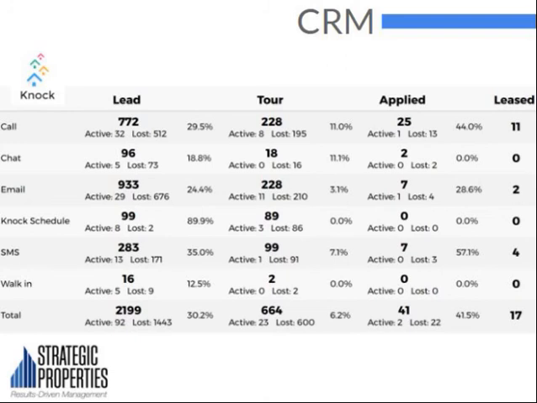Then in the analytics report, we can see which source is the strongest, so we can redirect our efforts and advertisement fund to those sources, so we can be more effective and bring more leads into the property.